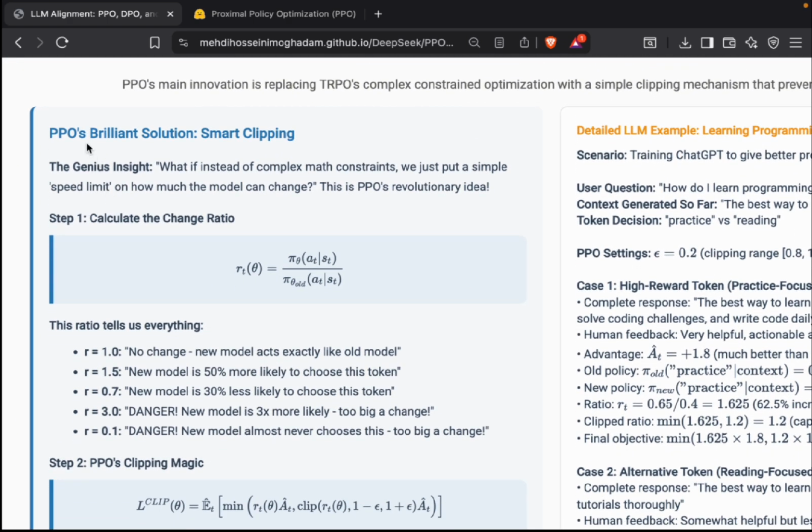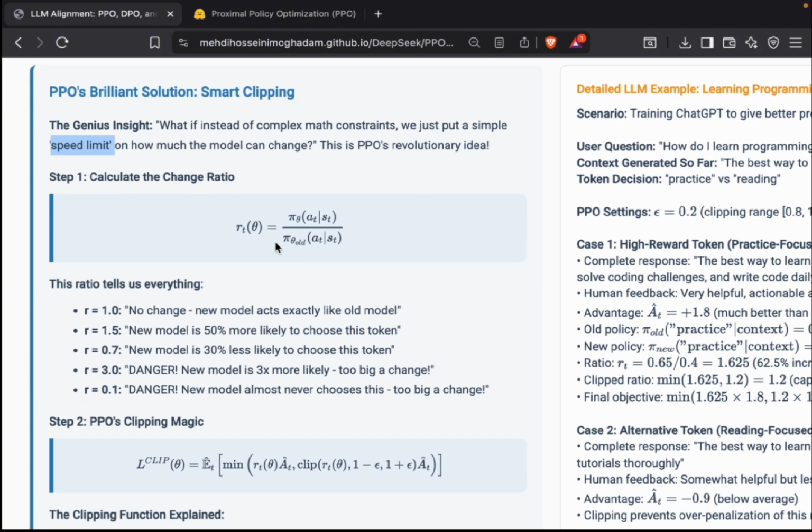So what's PPO's brilliant solution? It is something called clipping. But what is clipping? What if, instead of complex math constraints, we just put a simple speed limit into that? Just remember this ratio again.